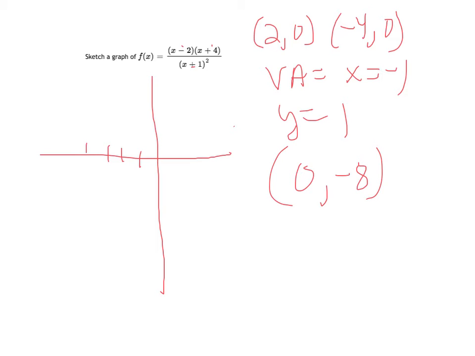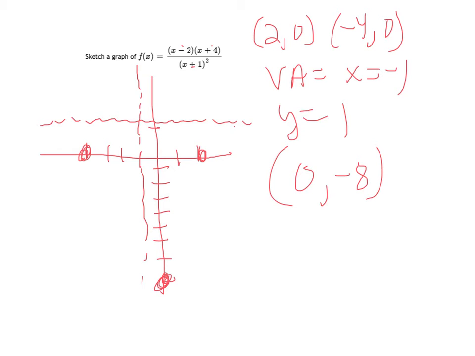I know it's got a horizontal asymptote of y equals 1. It's got a vertical asymptote of x equals -1. And I'll often draw dotted lines at these asymptotes.